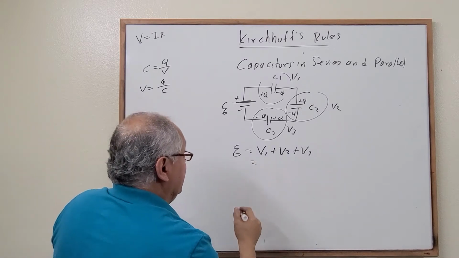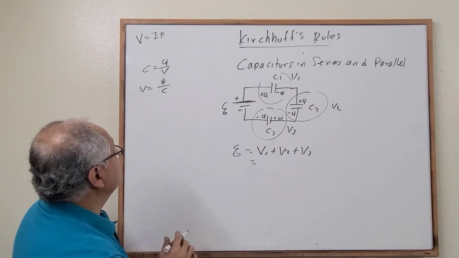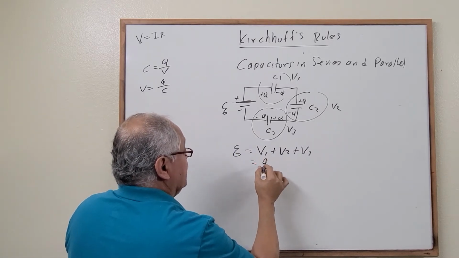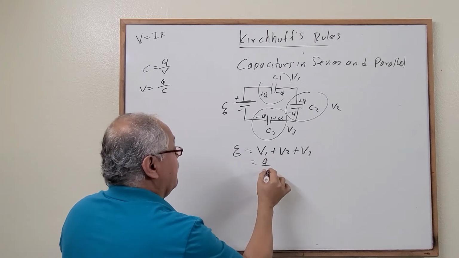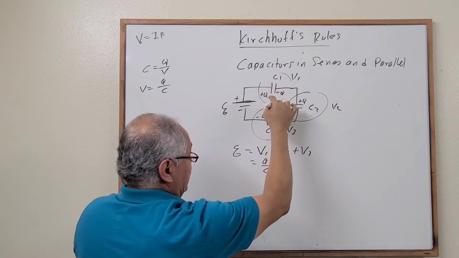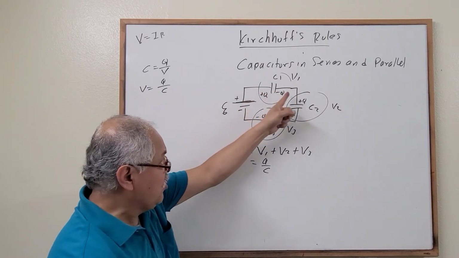But what is the voltage drop? One more time, it is the charge divided by the capacitance. We can take charge 1, 2, and 3, but in series the charge is constant.